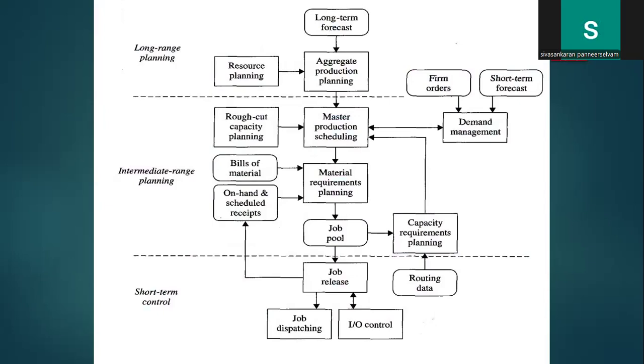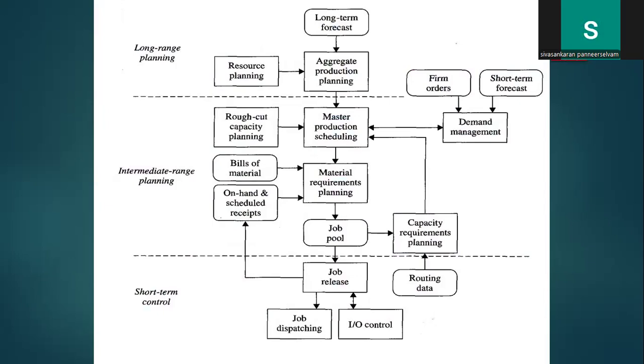Then the next one is material requirement planning. After proposing the master production schedule, the next function is material requirement planning. According to the BOM, the bill of material data, we need to arrange the list of stocks as per the inventory schedule.